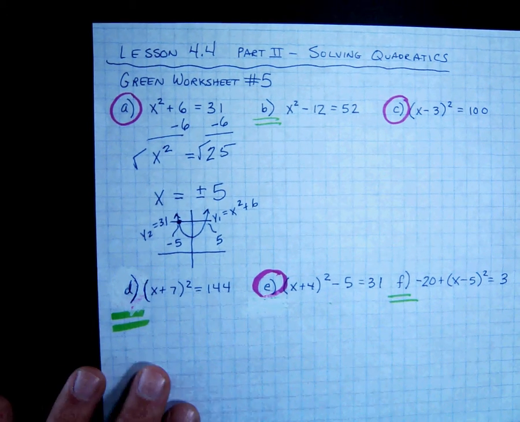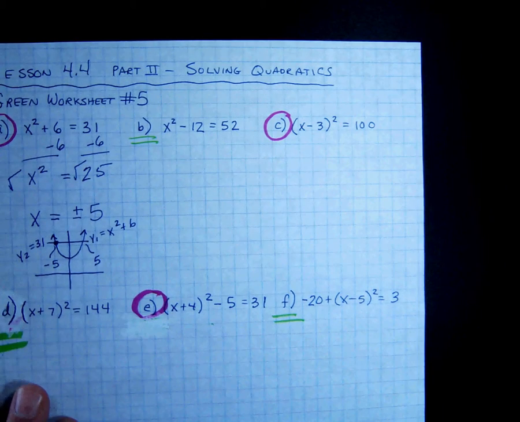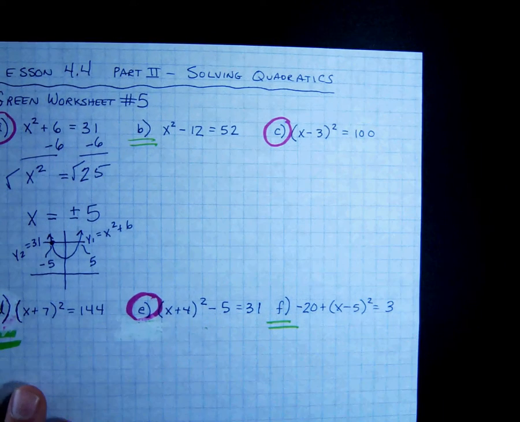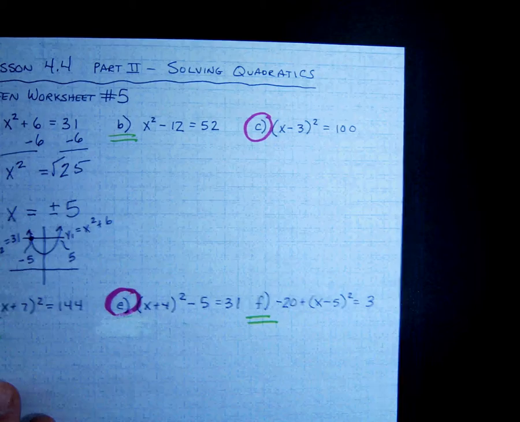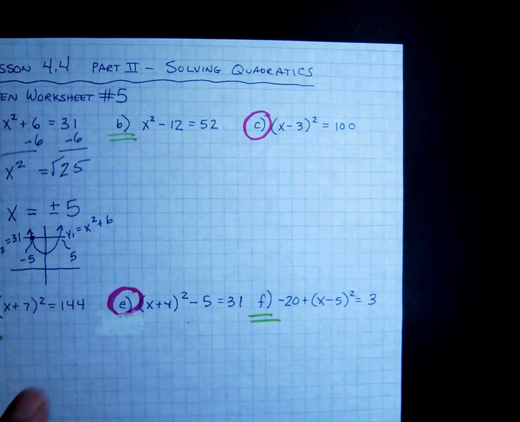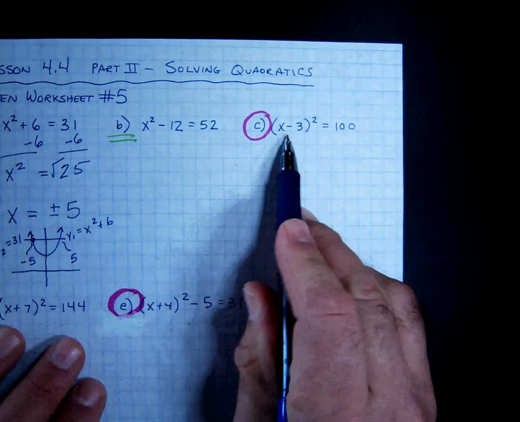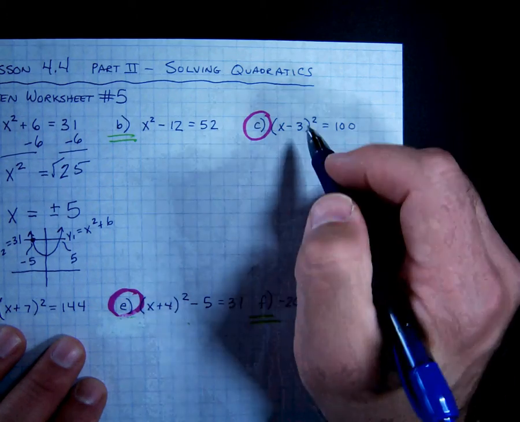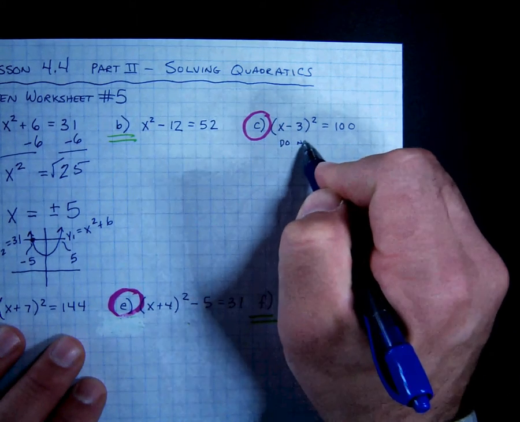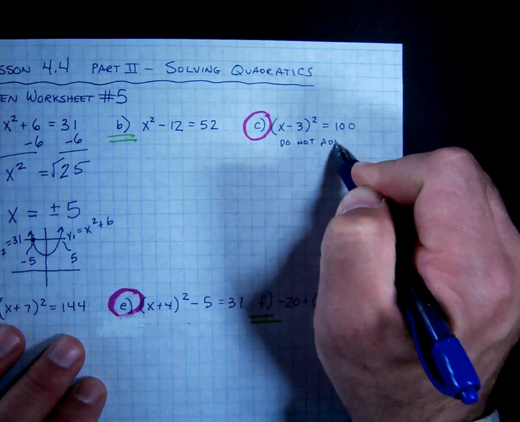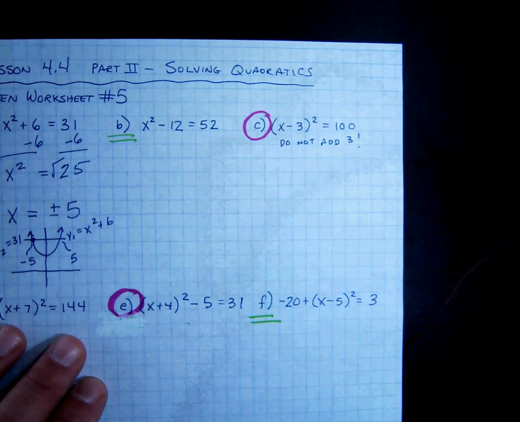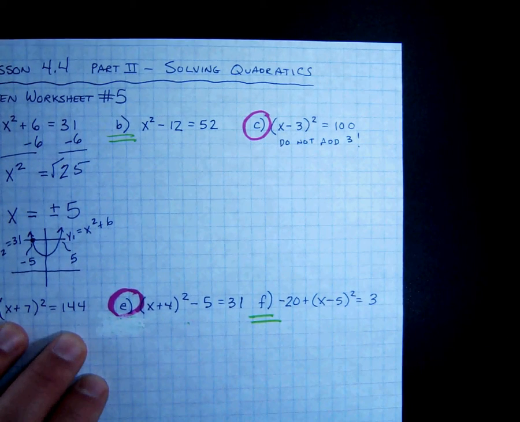Okay, next let's do C. Now for C, the order of operations is slightly different. For C, we're going to notice that the x minus 3 is in parentheses, so do not add 3 to both sides to get rid of that x minus 3.